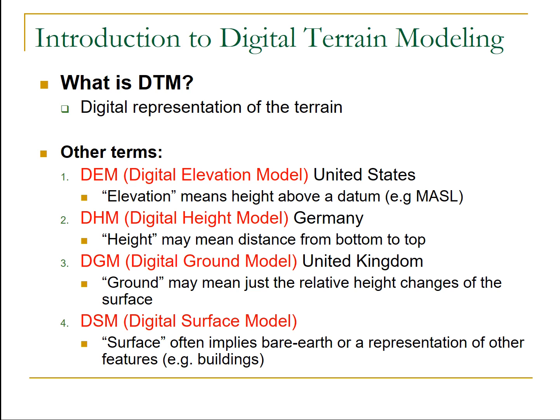And then the last is a surface model, which we refer to as bare earth, where we remove all the trees and the buildings and stuff. Or it can actually have those features, so we want to see exactly what is on that surface at that time. We want to see the trees and the buildings and the bridges and all of that. Those are some of the terms you might see throughout your career, and again, it depends on what country you are coming from.